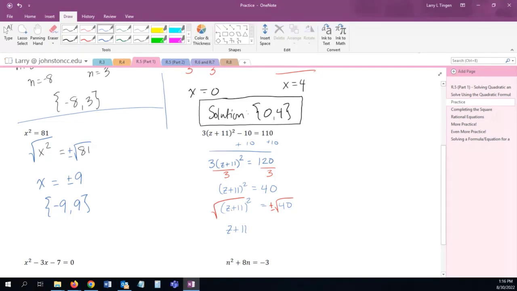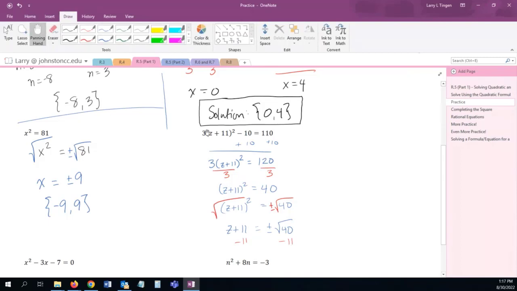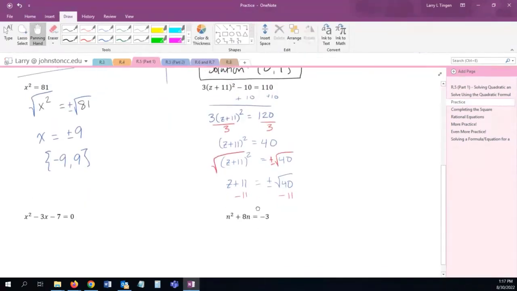So take the square root of both sides. Quantity z plus 11 all squared, take the square root, and you get z plus 11. On the right, I get plus or minus the square root of 40. So what do I do with that? Well, I still don't have the variable by itself yet, so I need to subtract 11 from both sides.